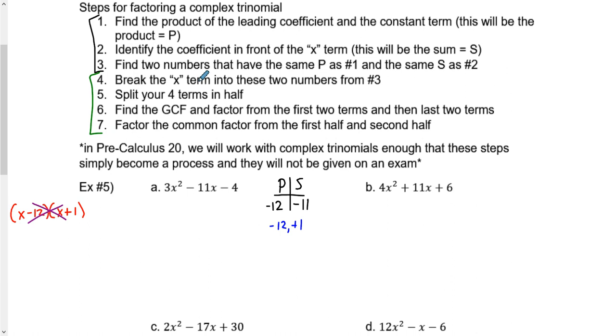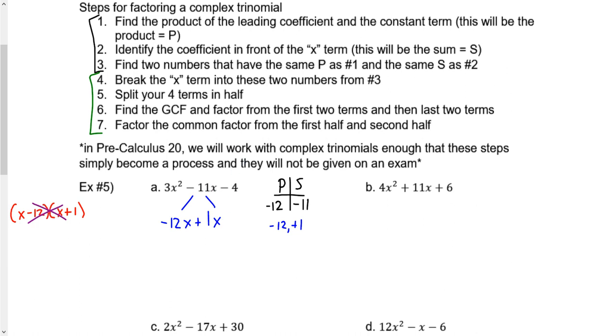What we're going to do is break that x term into the 2 numbers from the previous step. So I'm going to literally take my negative 11x and turn it into a negative 12x and a positive 1x. Because if I take negative 12x and add 1x, I get negative 11x.